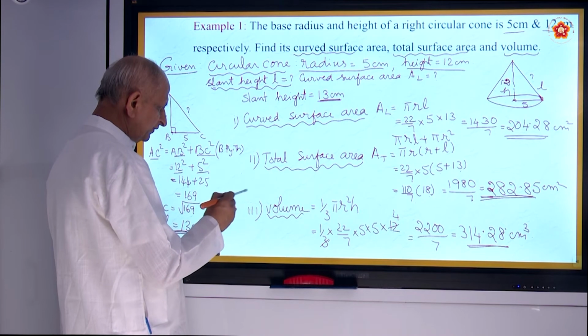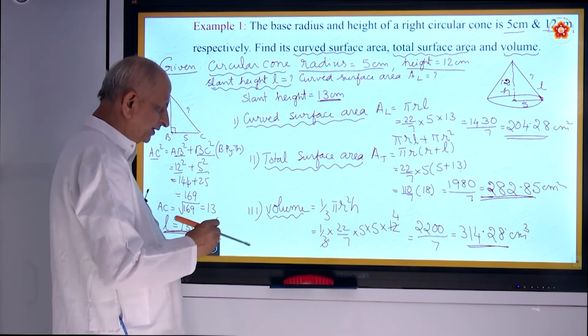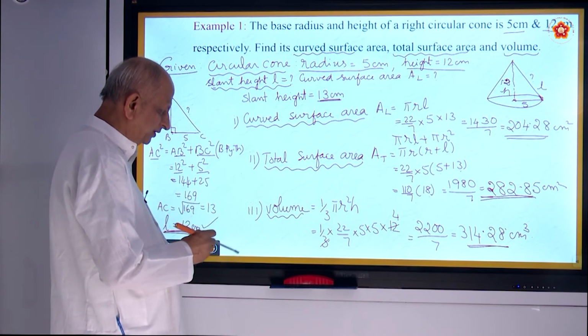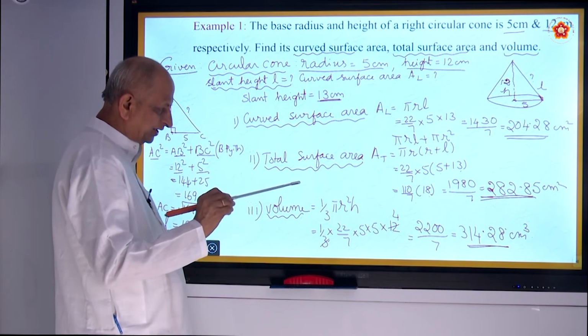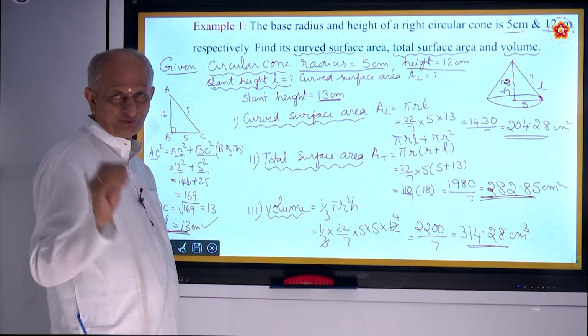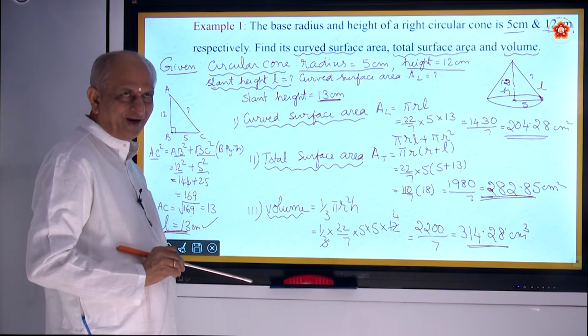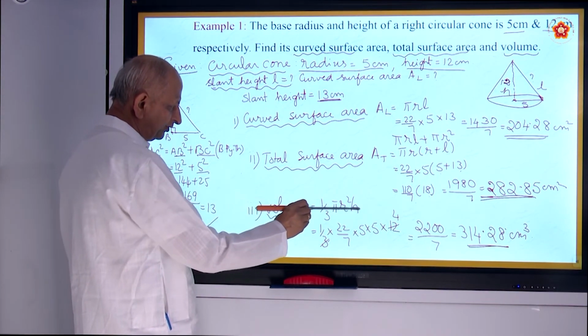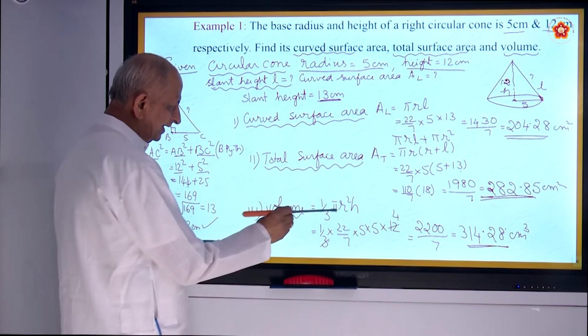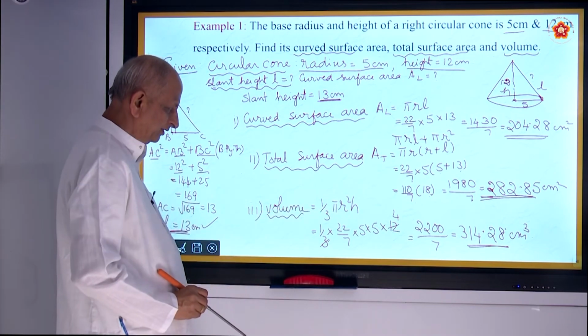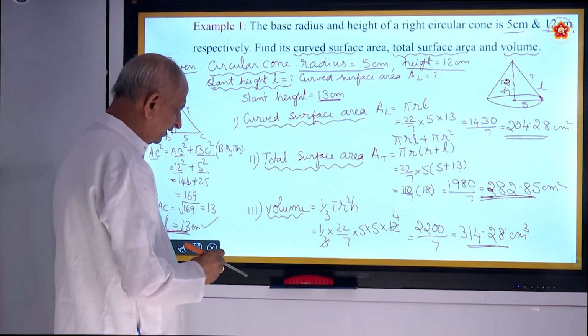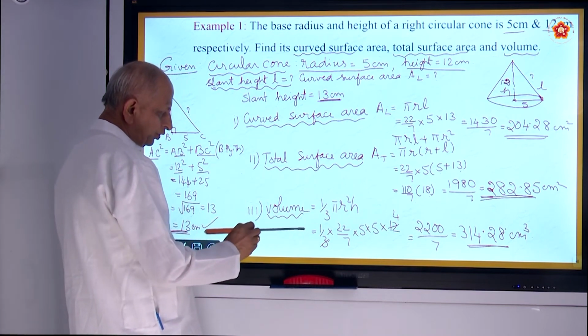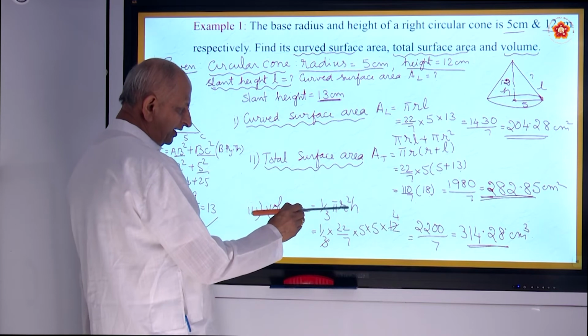If the radius is same and height is same, then volume of one cylinder is equal to volume of 3 cones, or volume of one cone is equal to 1/3 pi R square H. Here radius must be same, height must be same, that is important in case of cylinder and cone. So, this is the formula 1/3 pi R square H.